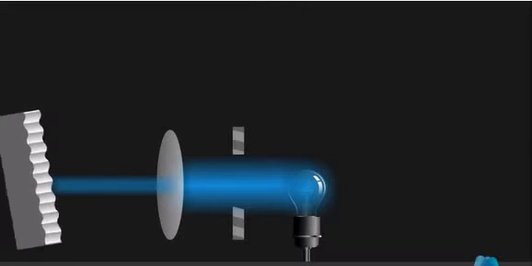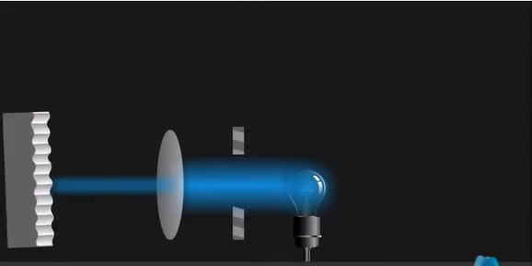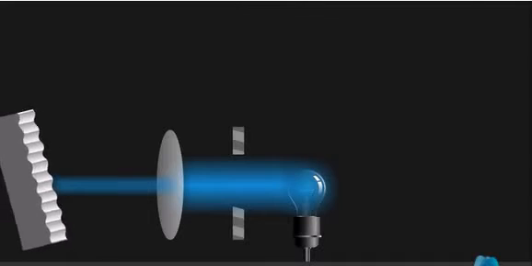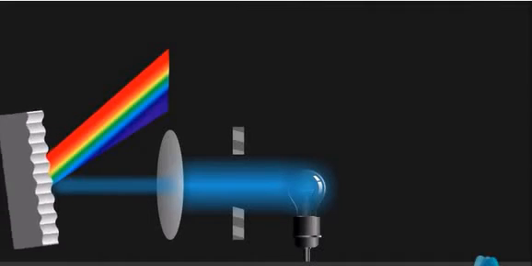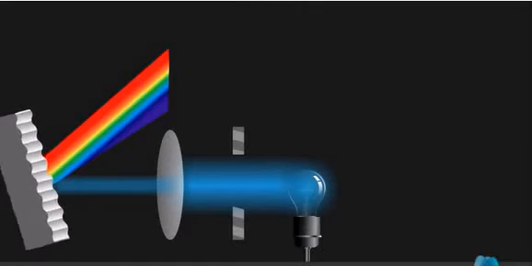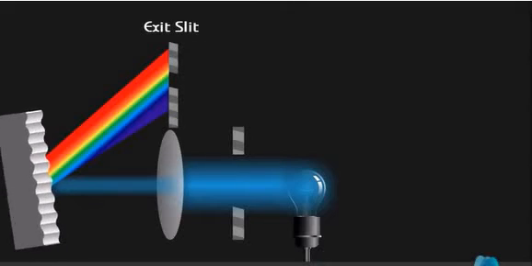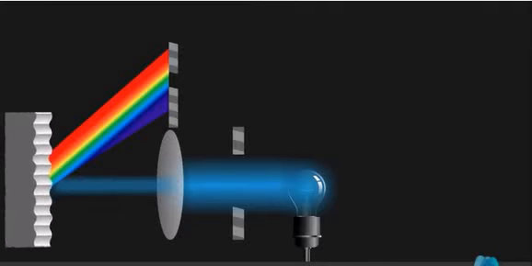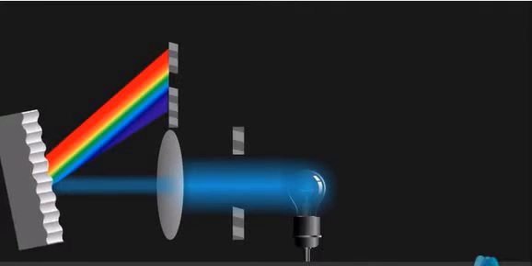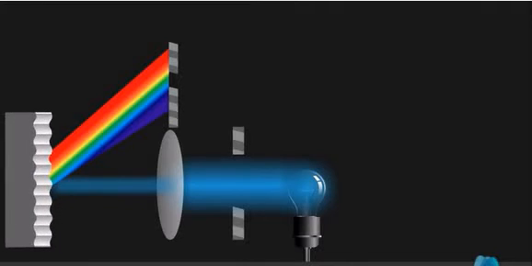The grating converts this radiation into 7 different colors, which is VIBGYOR, and these radiations go towards the exit slit. This is the complete setup of the monochromator.